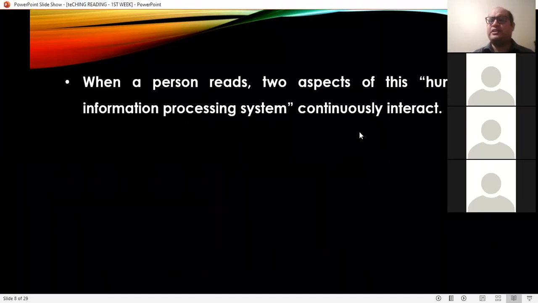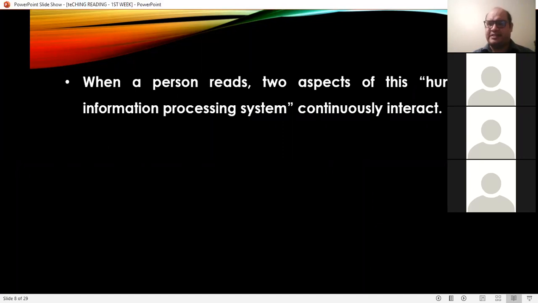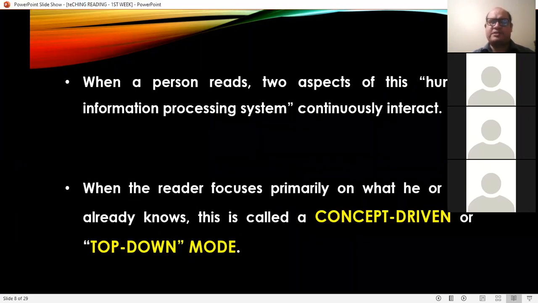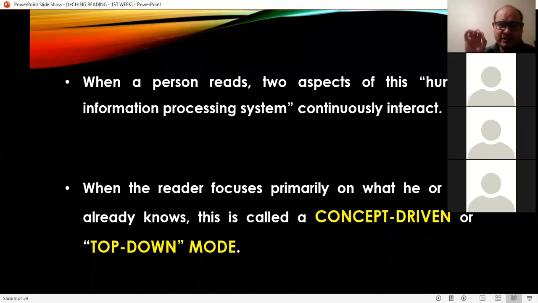When a person reads, here we have two aspects of this human information processing system. We are going to use two, all right? Remember that reading is a process where we are going to manage information, and we are going to use these two aspects continuously. The first aspect is when the reader focuses primarily on what he or she already knows.